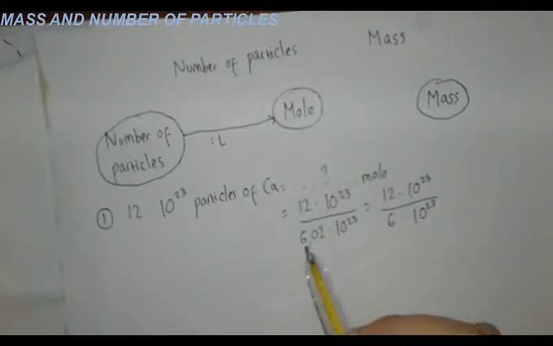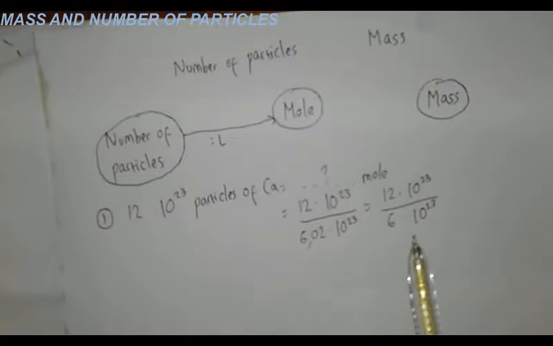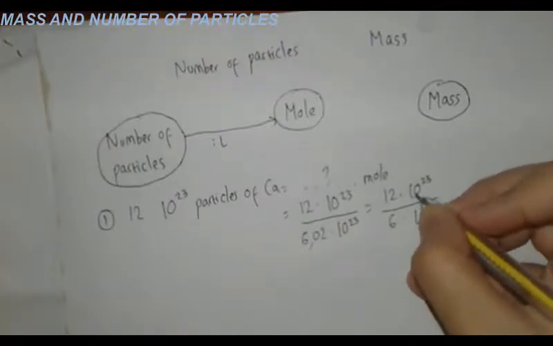So 6.02 can be rounded up into 6. If the counting is easier, then you just round up the 6.02 into 6. That's all.